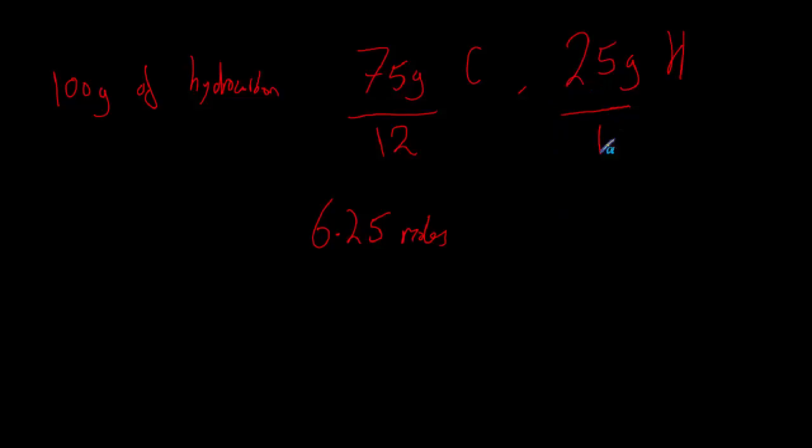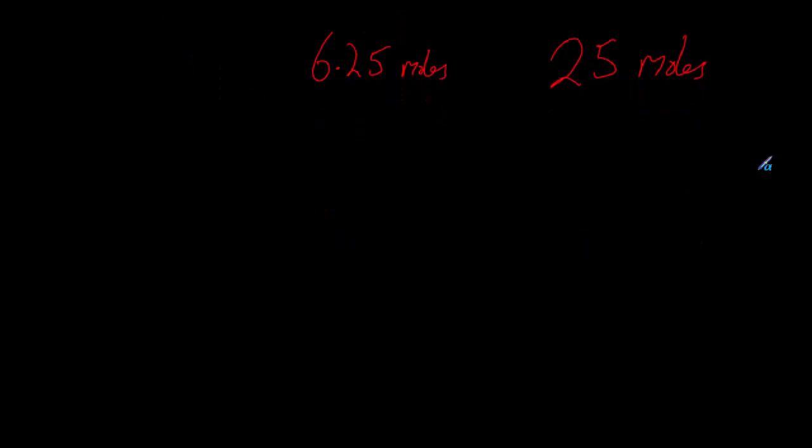Because all we do is we divide it by our mass of 1 gram for every mole. And that will give us 25 moles. So, for every 6.25 moles of carbon, we have 25 moles of hydrogen.